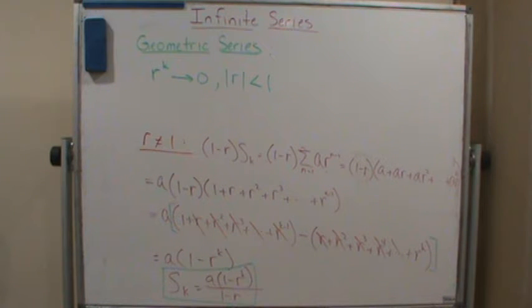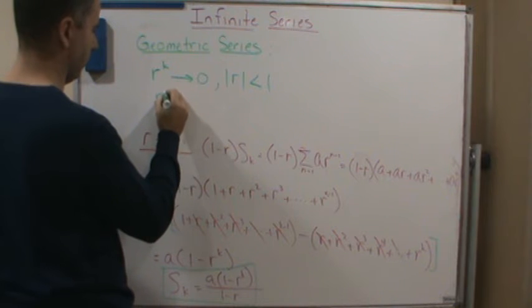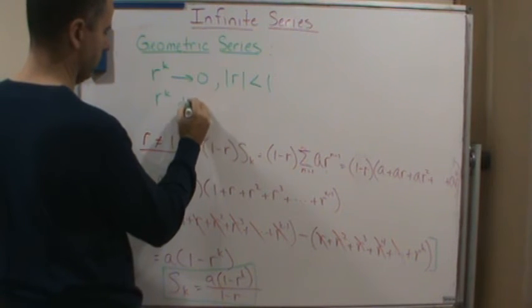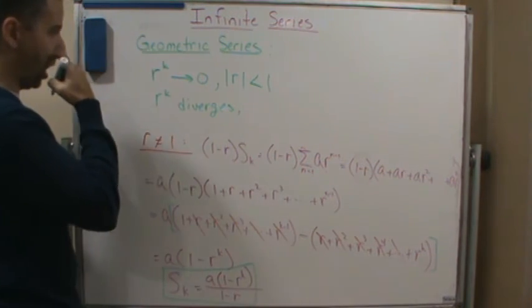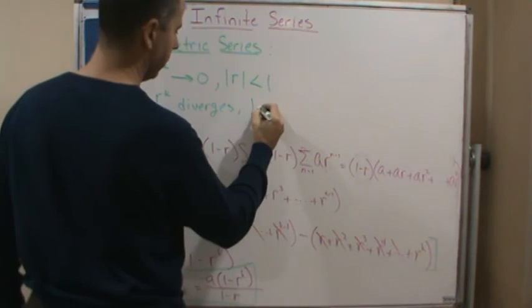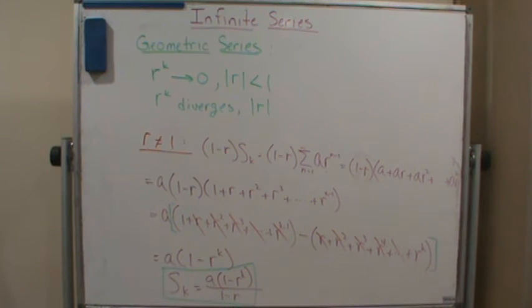And that r to the k diverges when what? The absolute value of r is what?